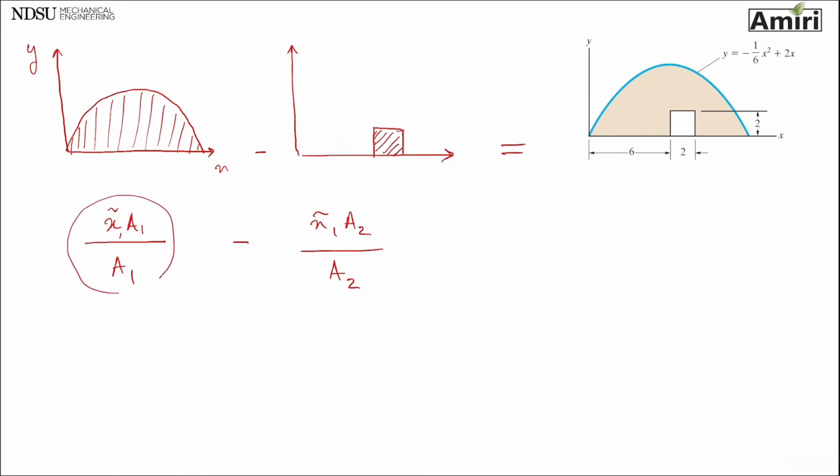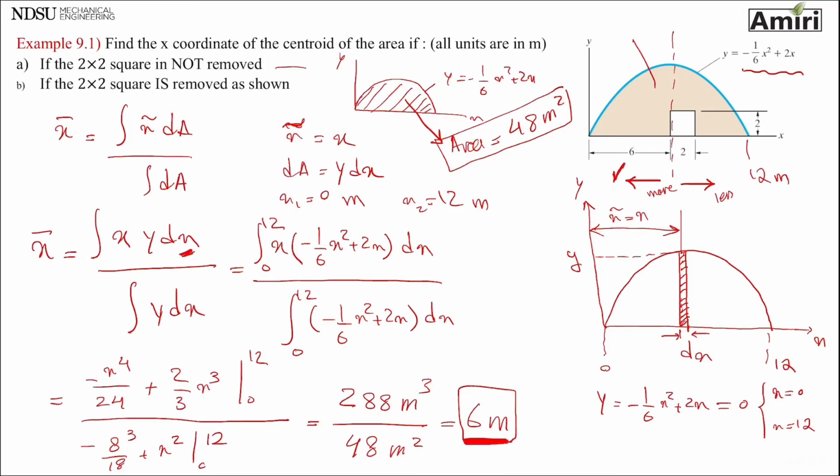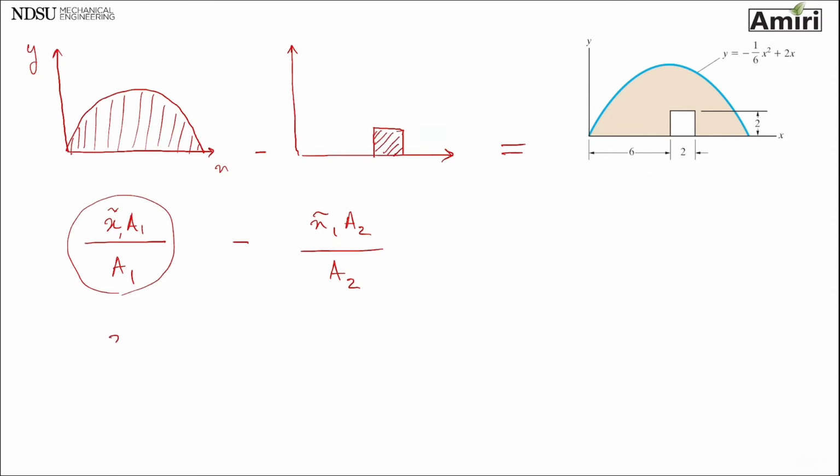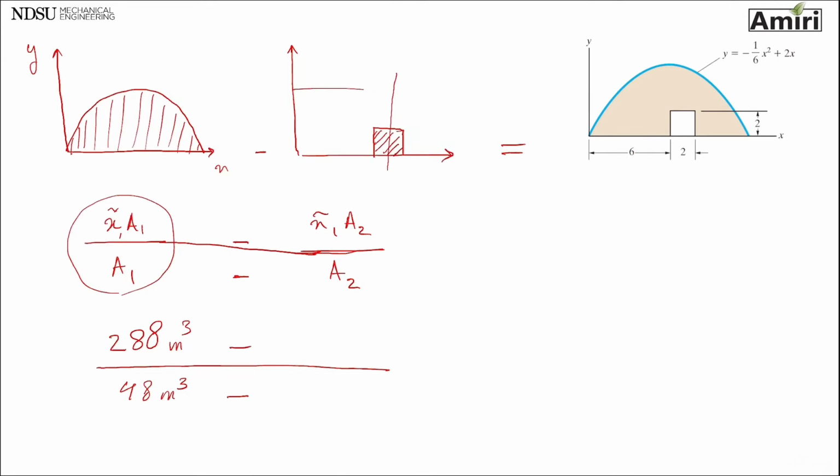Okay, this I already found based on the integral, 288 over 48. So I'm gonna use just that one, 288. Oh, sorry, this is like this, 288 over area 1, which was 48. For area 2, I need to find x tilde, which is the distance between centroid of this area and y-axis, which is, this is 1, this is 6, so that's 7.